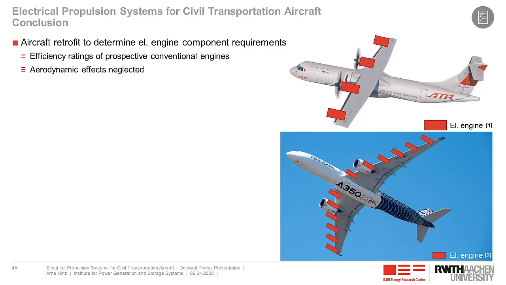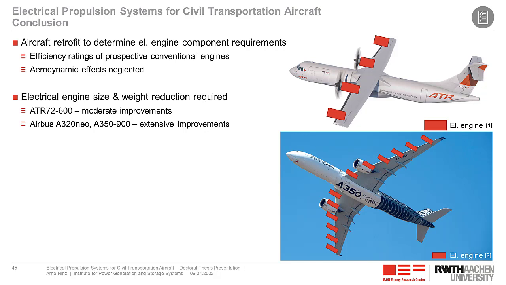For this, we applied efficiency ratings for prospective conventional engines, and we injected aerodynamic effects, and we found that the electrical engines need some reduction in size and weight. Whereas the improvements for the ATR 72-600 are rather moderate, for the larger aircraft, A320neo and A350-900, they are quite extensive.